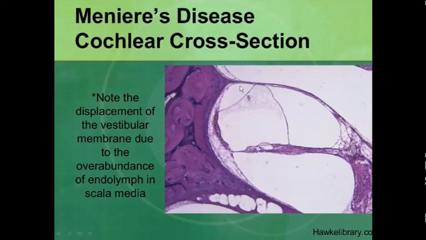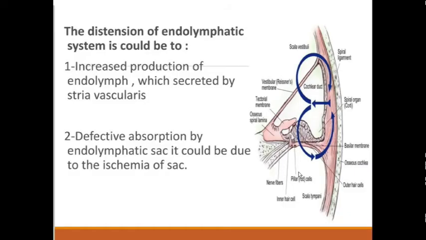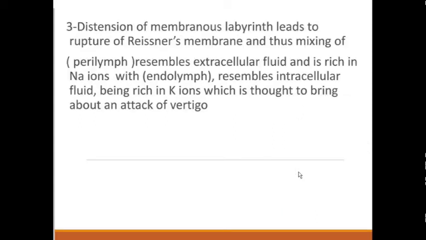The fluid within the cochlea is increasing. Endolymph is now bulging because of excess of fluid. So distension of the endolymphatic system can be due to either increased production of endolymph or defective absorption. There are only two ways by which the secretion increases, which ultimately leads to distension of the membranous labyrinth and rupture of Reissner's membrane. Okay, and then mixing of endolymph with perilymph.